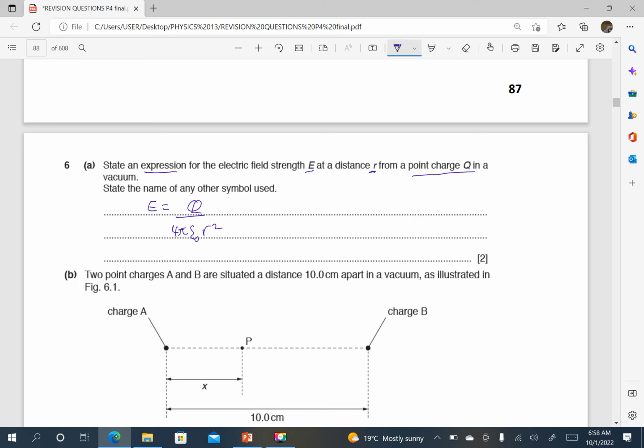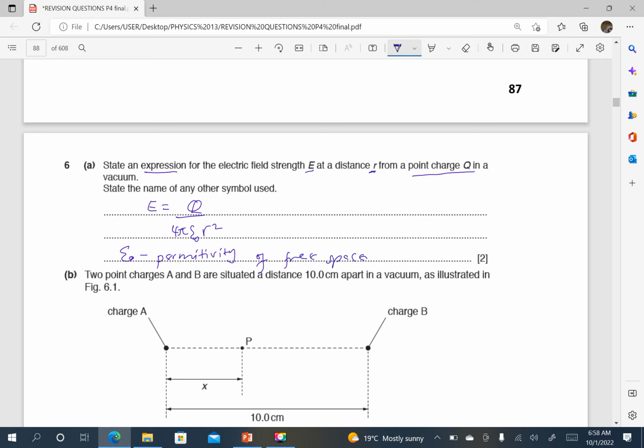The only symbol here that we can explain, of course we can't explain 4 pi, is epsilon naught. Epsilon naught is the permittivity of free space.